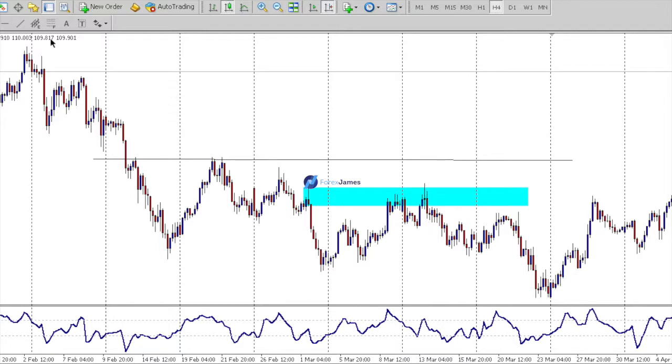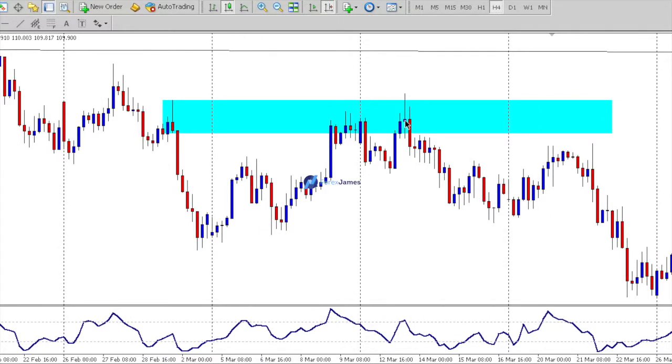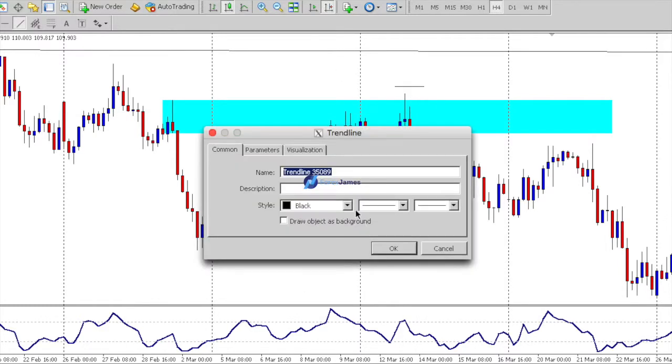So what triggered me to the trade was this candle here in the H4. I like to use long wick candles for my trigger. Okay, so after this candle closes, this is my trigger to go short with stop loss just above here.